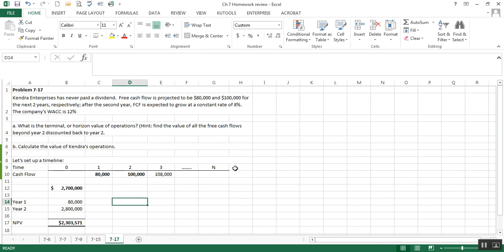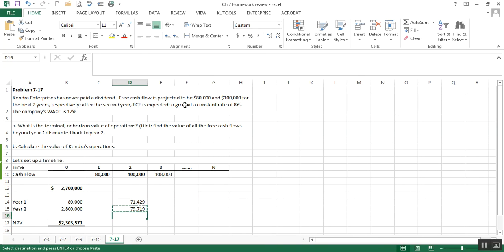We could also individually calculate the present value of each of the cash flows. So we would start with 80,000 divided by 1 plus the WACC to the first power. Let's do our order of operations. Okay. And then we would do the same thing for the 100,000. I'm just copying the formula, and it's going to be in year 2.